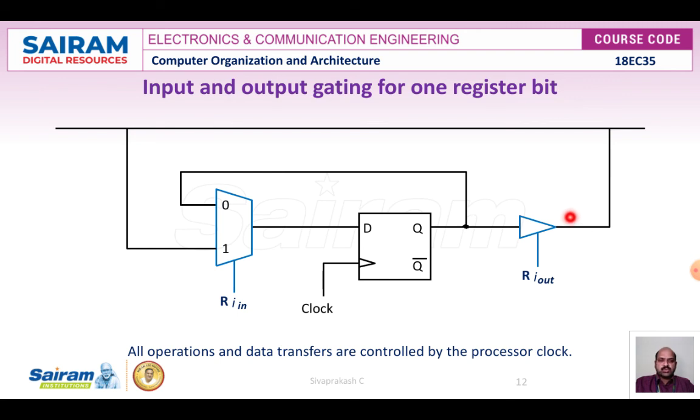So this corresponds to the open circuit state of the switch. When Ri out is equal to 1, the gate drives the bus to 0 or 1 depending upon the Q value, and that is outputted. In such a way, the input and output gating for a one bit register is used in the register transfer organization.